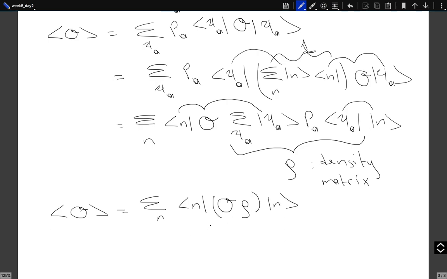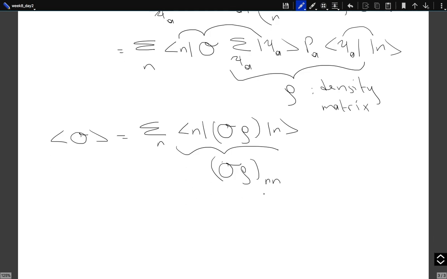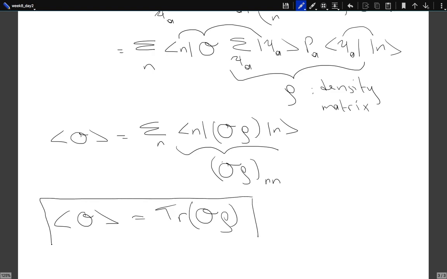But you see, O times rho is an operator, and this is the diagonal element of that operator. When I sum the diagonal elements, the average of O is just the trace of O times rho. So basically, in this case, the density matrix contains all the information about my ensemble.